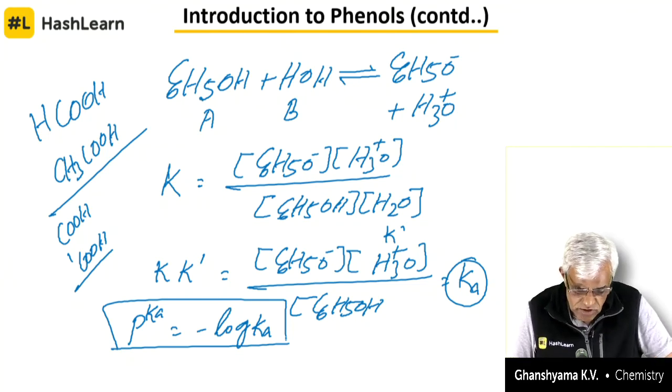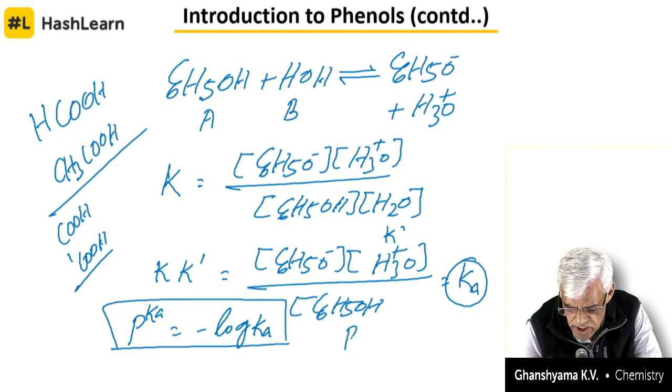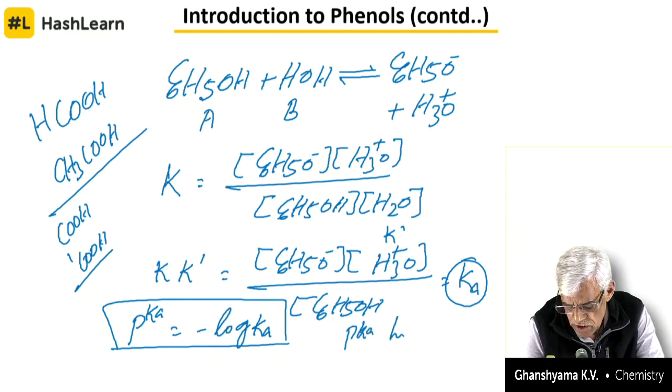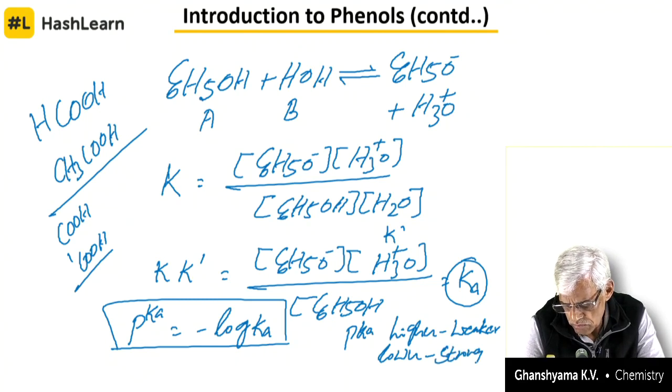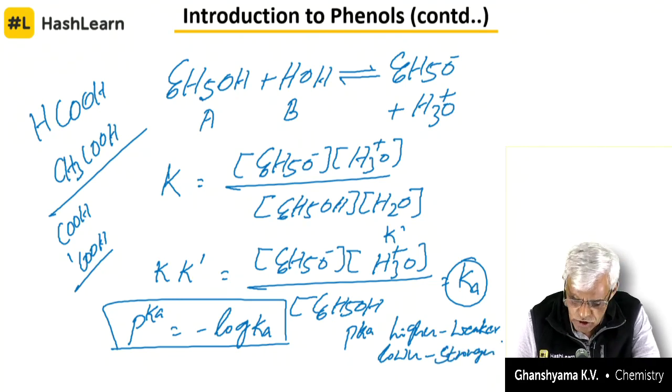Yes, minus logarithm of Ka. If pKa is higher, the acid is weaker. If the pKa is lower, the acid is stronger.